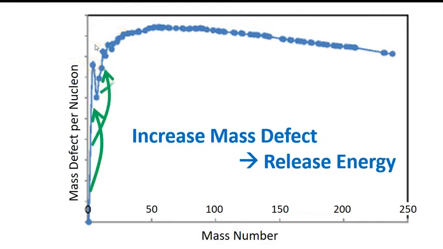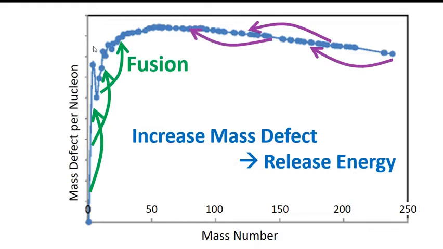So, changes that move in this direction are releasing energy while moving from a small to large mass number. This is fusion. And changes that move in this direction are still releasing energy because they're moving up on the y-axis, but they are moving from large to small mass number. This is a fission reaction.